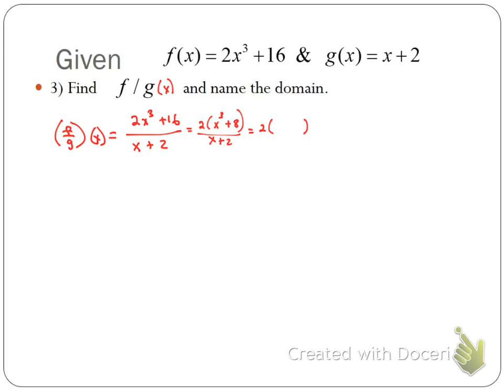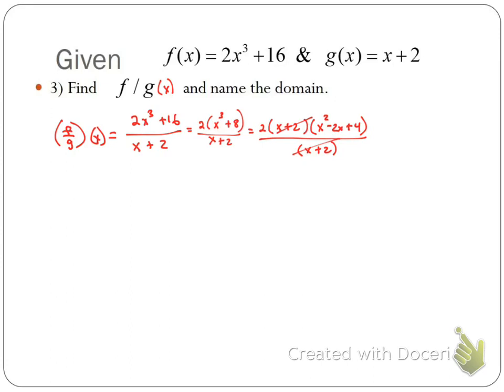Mr. Hodges? In parentheses, x plus 2. Good. So same sign. Go ahead. And then in parentheses, x squared minus 2x plus 4. Opposite sign, always positive, b squared plus 4. And this is all over x plus 2, right? And then those cancel. Agree?